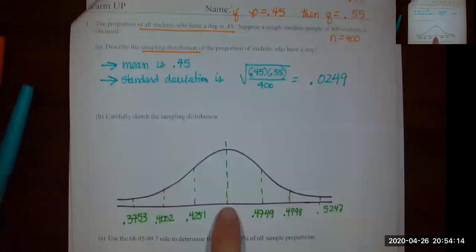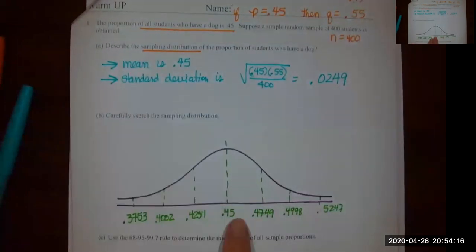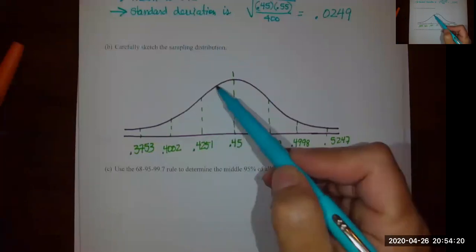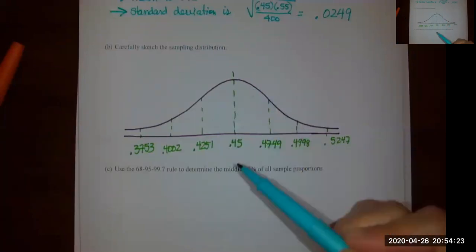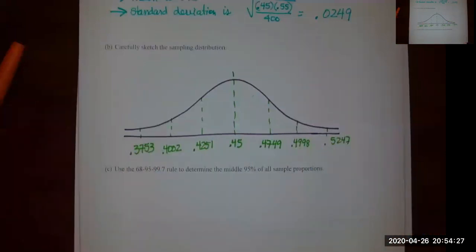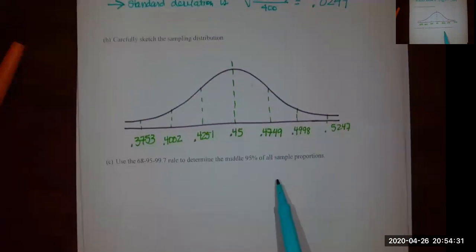So the proportion is your mean, the standard deviation shows you the increments, and you know this much, right? 68%, 95%, 99.7. So use that rule to determine the middle 95% of all samples.